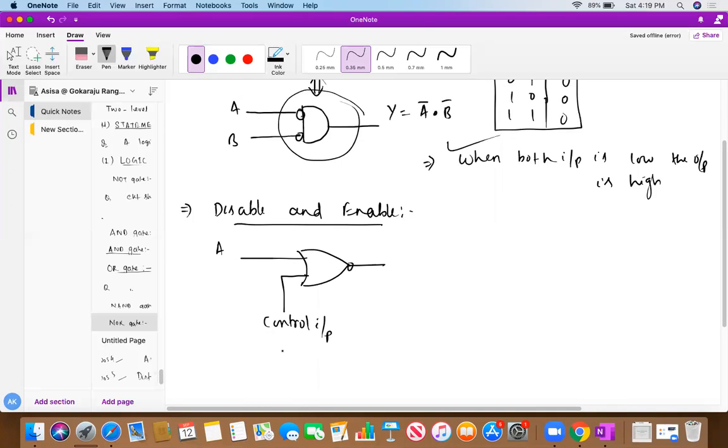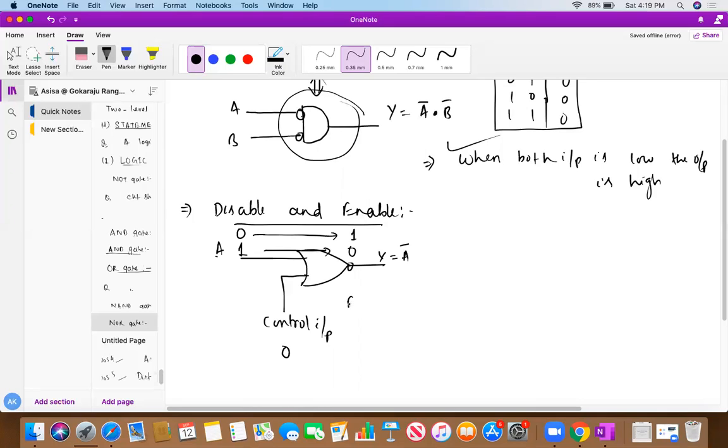If I put control input 0, what is happening? Whatever the input A, with 0 0 I get 1, and if I put 1 with 0, I get 0. So if I give A as input, I achieve A bar at the output.